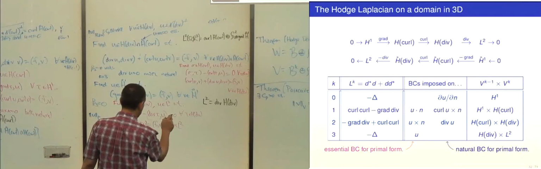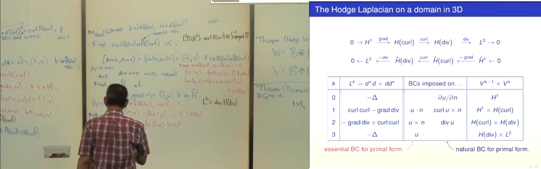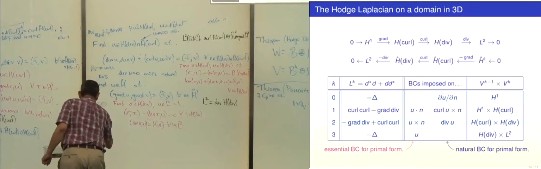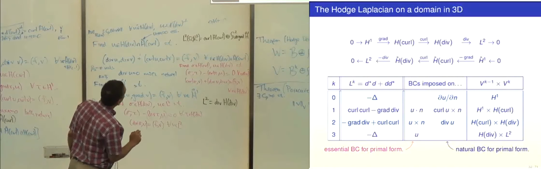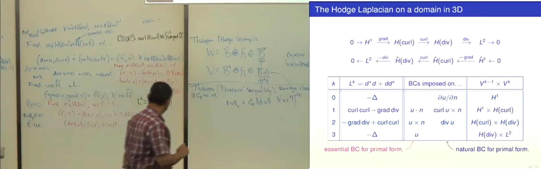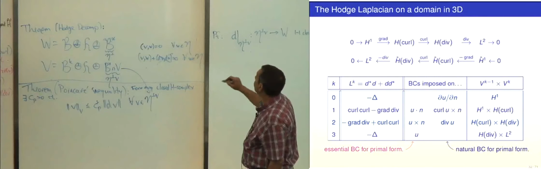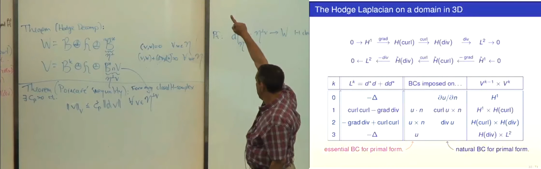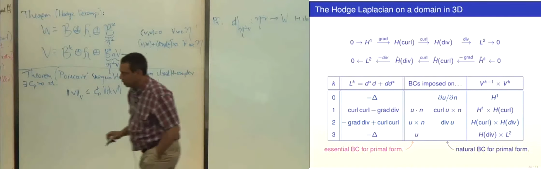It would be U in L2 is bounded by 0 if U is in L2... wait, what is it? So in that case, V is L2, and Z is the null space of 0, so this is L2. Okay, so the last one doesn't say anything.